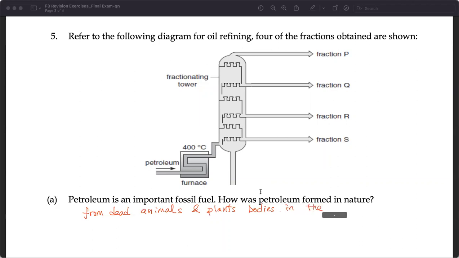But because it is for the petroleum, then it must be in the sea. And then which should be very, very long time ago that lived, hundreds of million years ago.